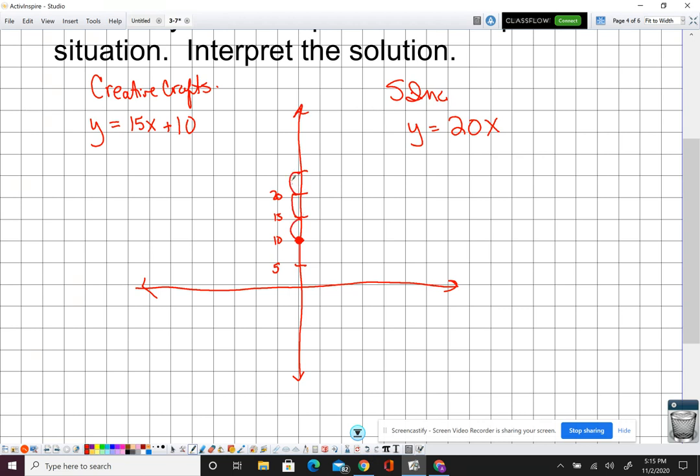Now notice each one of these jumps was 5, right? So that gives me a total of 15 for every one. So this point right here has the coordinates 1, 25. If I continue that pattern, I could get another point up here, and that's 2, 40.